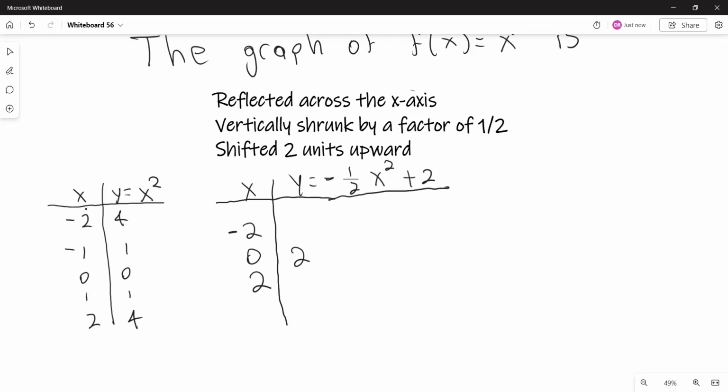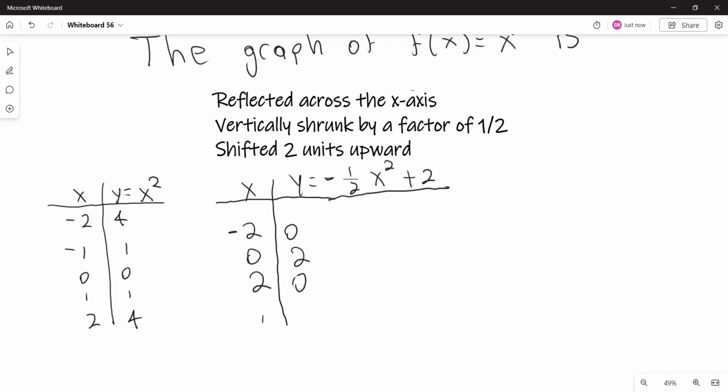So -2 squared is 4. 4 times -1/2 is -2. -2 plus 2 is 0. Same with 2. 2 squared times -1/2 is -2 plus 2 is 0. And the next one, I'm not choosing 3 because I'm going to have a fraction.